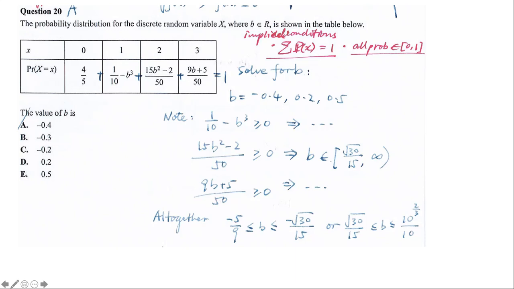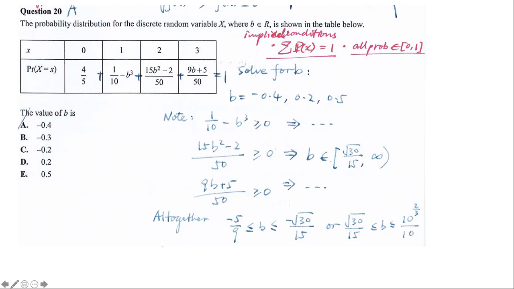As long as my B value makes each cell positive or 0, I will still satisfy the condition because all probabilities must be lying within 0 to 1.